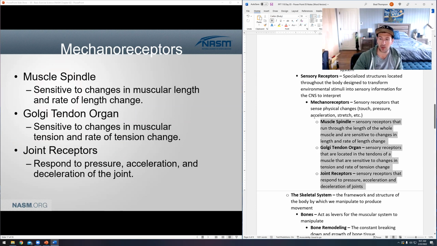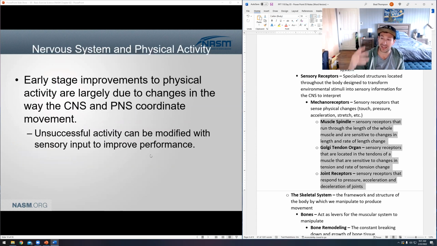When I was talking about proprioception earlier, these three mechanoreceptors are what give us our proprioception. So when we go back to the idea of building a very stable athlete, we do that by training in a maximal sensory environment, aka a very wobbly environment. Sometimes you'll hear us say a proprioceptively enriched environment.